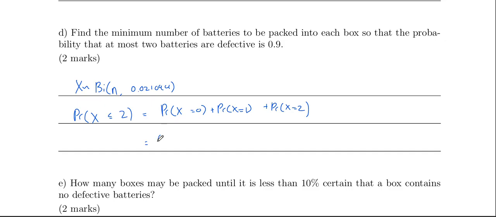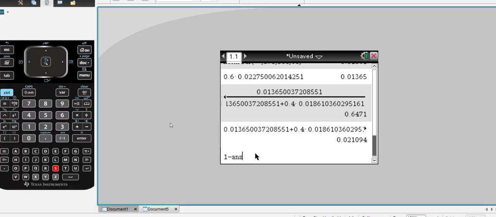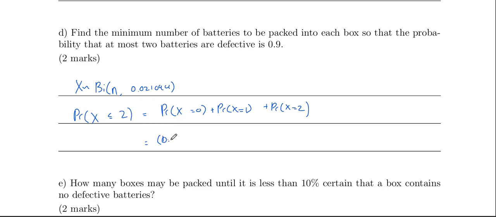So this is going to be 1 minus this, 0.9789 to the power of n, plus n times 0.021094 times 0.9789 to the power of n minus 1, plus n choose 2 times 0.021094 squared times 0.9789 to the power of n minus 2. And we want this to be equal to 0.9.